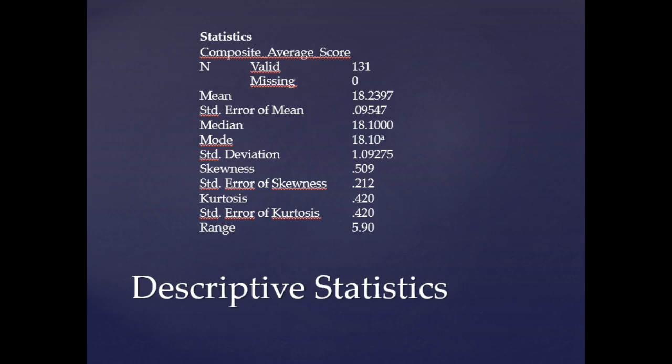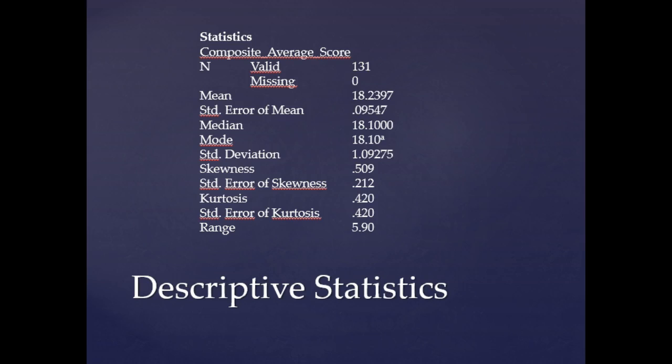So using this data set of the ACT scores for high schools across Kentucky, we see a number of different pieces being reported. We see the N, obviously, of 131, which we saw reported on the histogram. See the mean of 8.2, the standard error of the mean of 0.095, a median of 18.1, the mode of 18.1, which we're not going to get into mode very much.